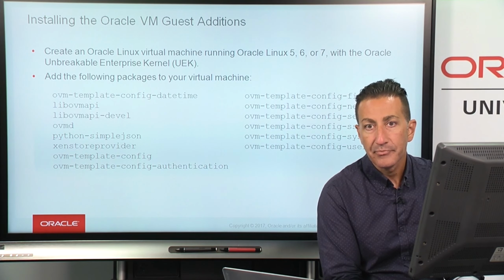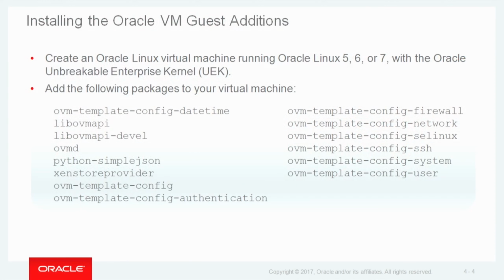You see that most of them start with the name ovm-template-config, and they affect different levels, for example, configuring the date and time of the host, or the way that you want to get authenticated.